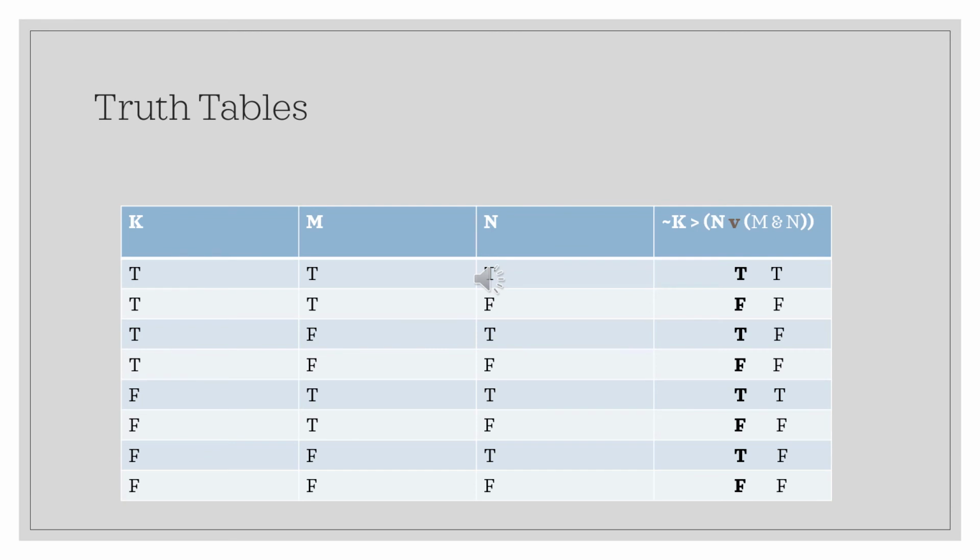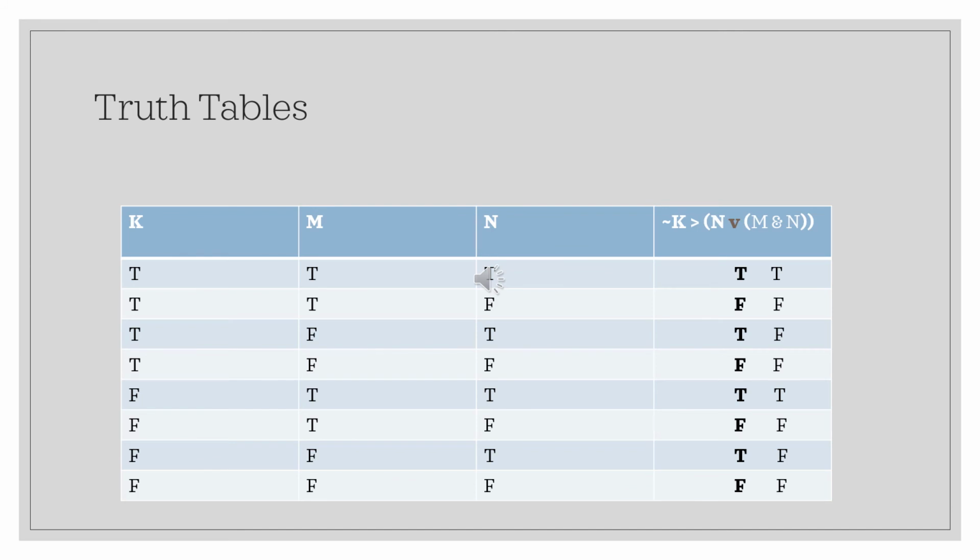Because it's a disjunction, the truth function we need to follow is that a disjunction is true just in case one of the disjuncts is true. So anytime either N or M and N is true, the whole sentence is true. In the first one, both sides are true, so the sentence is true. In the second one, both sides are false, so the sentence is false. On the third line, N is true, and so the disjunction is true. And so on down the line, so it's TF, TF, TF, TF. Basically, it's just the same as N in this case.